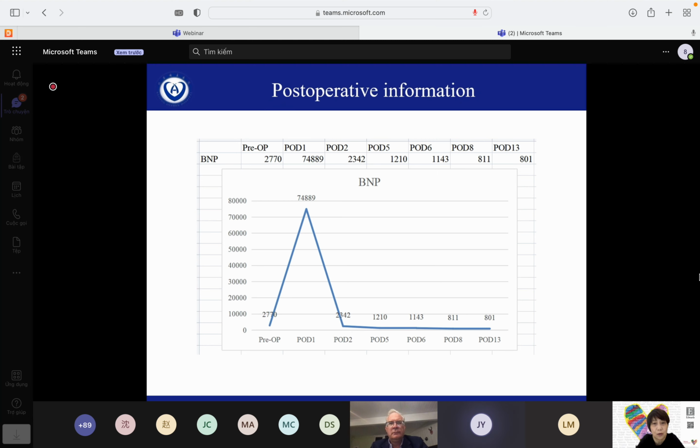This is the post-operative information. You can see the BNP level rocketed high on post-operative day 1.